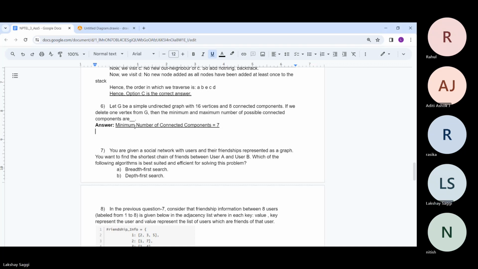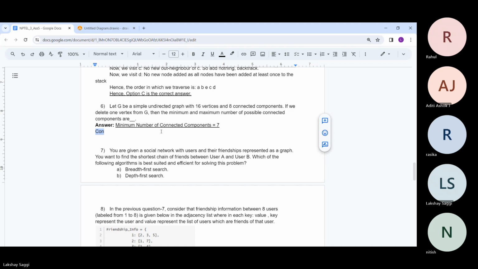By that time, maybe we can first discuss the minimum number of connected components, like why the minimum is 7. We are given that we have 8 connected components in the graph, right?